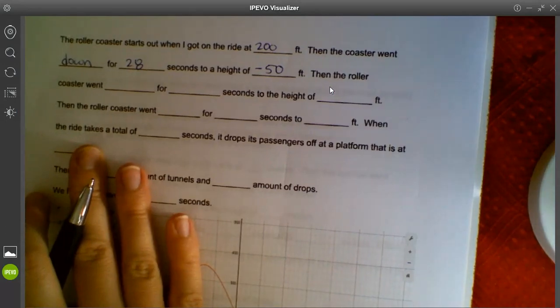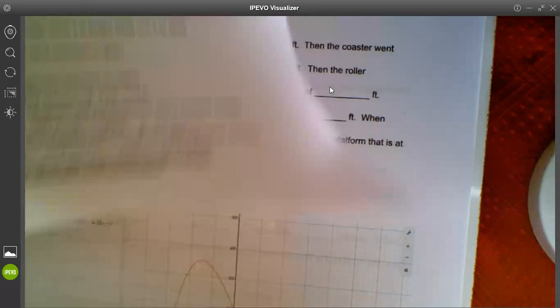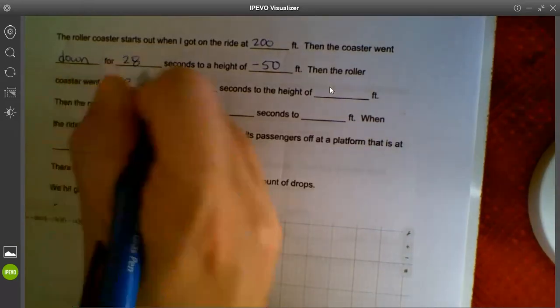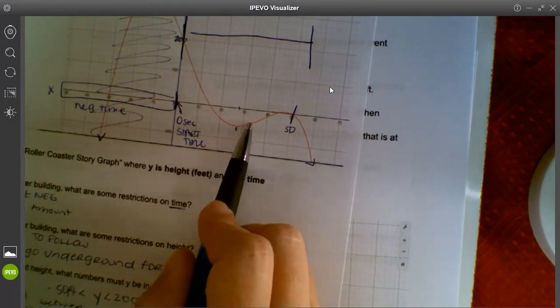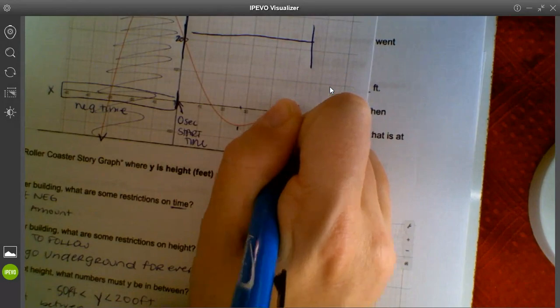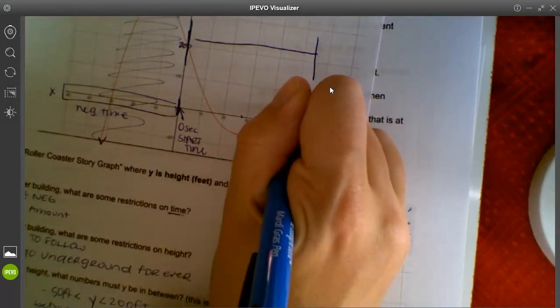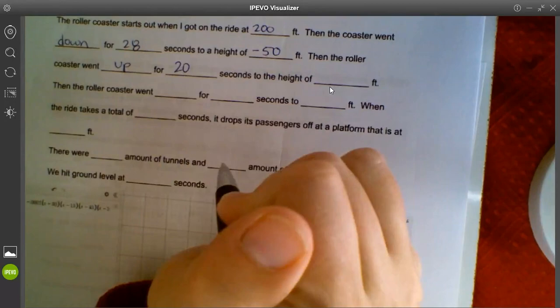Then the roller coaster went where? I'm down, so I went up. For how many seconds did I go up for? Well, I'm going up, up, up, up until about here, which looks like 48 seconds. So you went up from 28 seconds to 48 seconds, which is 20 seconds.